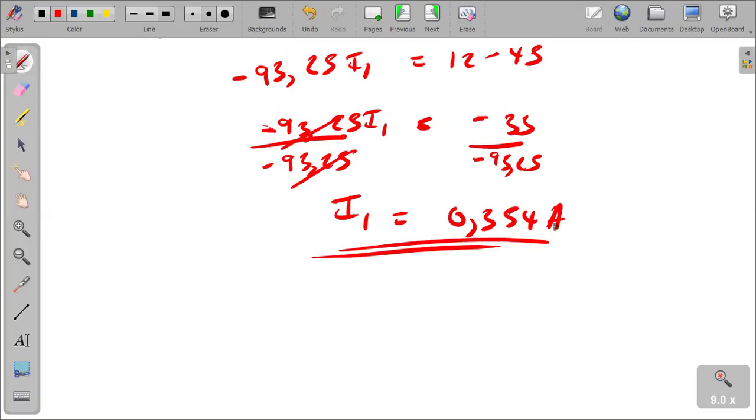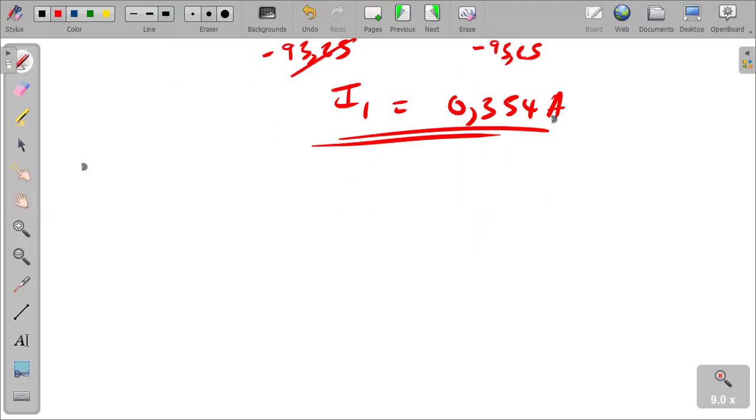It means we can go in and substitute into the equation for I2 that we had created: 1.5 minus 3.375 times 0.354.